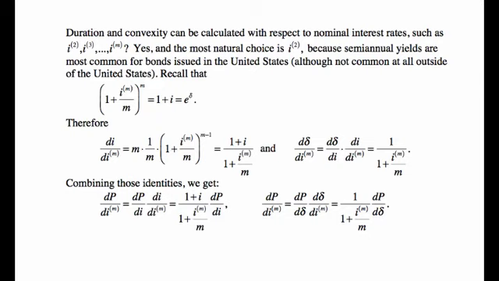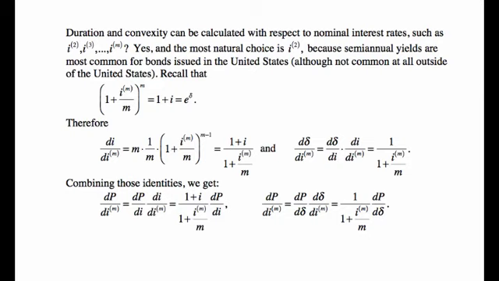We know that (1 plus i upper m over m) to the m is 1 plus i, or e to the delta, so that di over di upper m, the derivative of i with respect to i upper m, is, well, it's m times 1 over m times (1 plus i upper m over m) to the m minus 1. And that ends up being (1 plus i) over (1 plus i upper m over m). And d delta over di upper m is d delta over di times di over di upper m, so it's 1 over (1 plus i upper m over m).